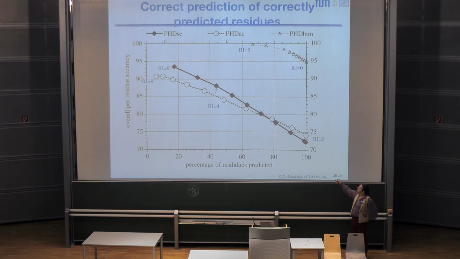If I only looked at, for instance, those half of the residues predicted with the highest reliability index, then you see that for those, prediction accuracy is almost 90%. The actual half is here, 86 or 87%.